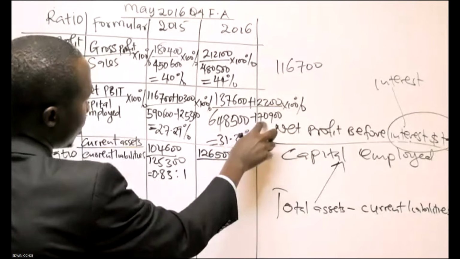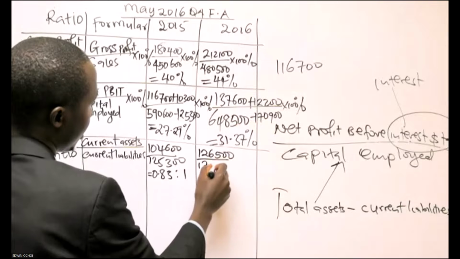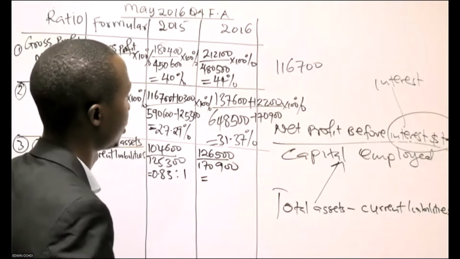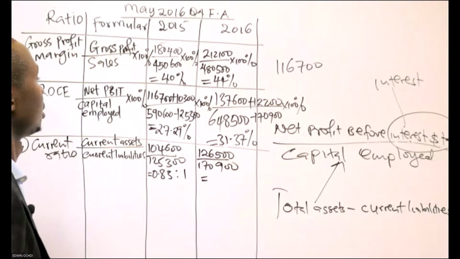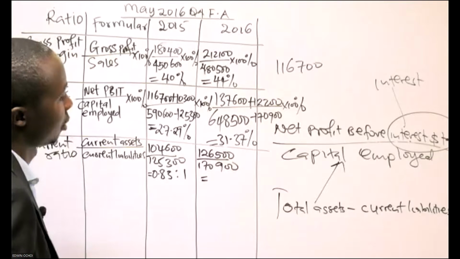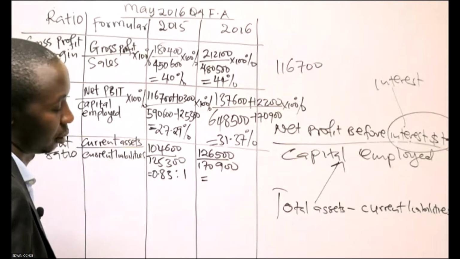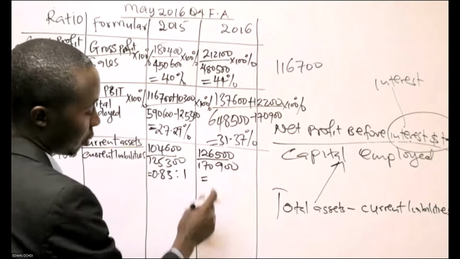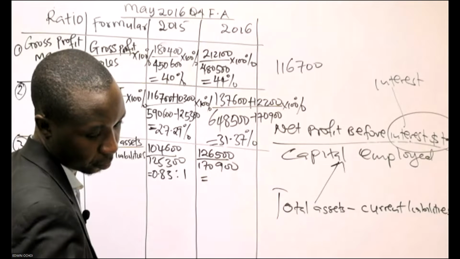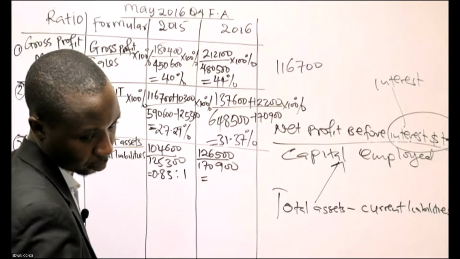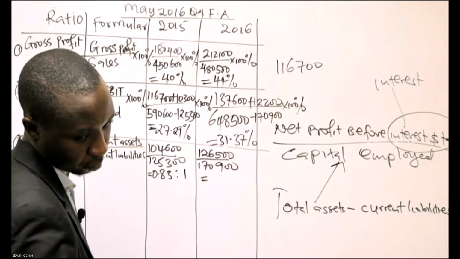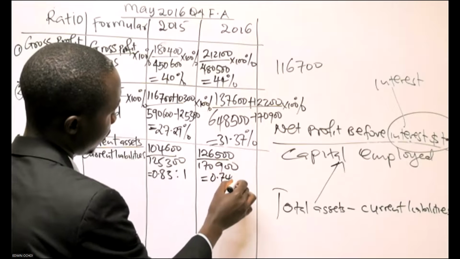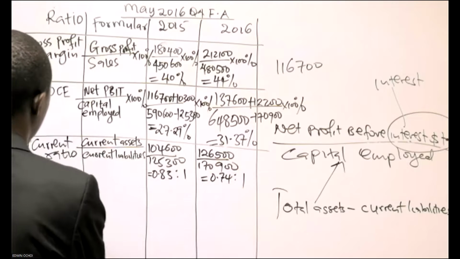For the current liabilities, we know here it's 170,900. So it's a ratio of 0.74 to 1.